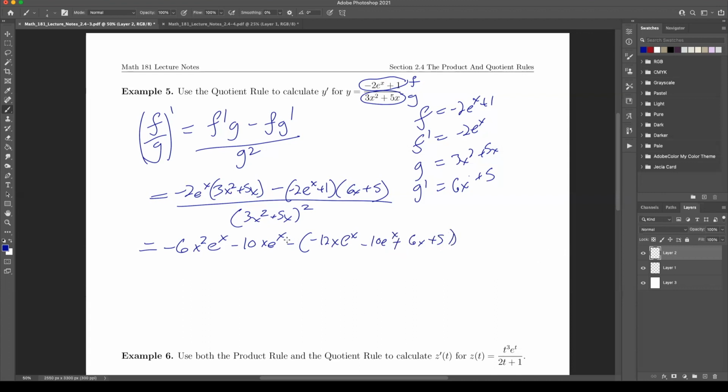And then we'll distribute the negative sign, so this becomes positive, positive, negative, negative.